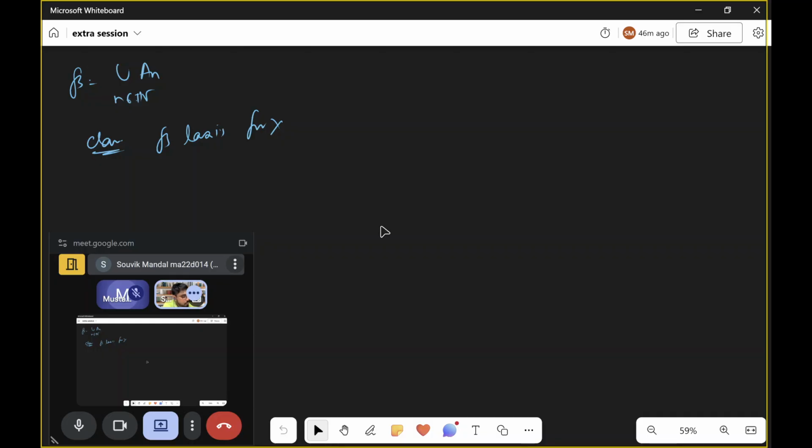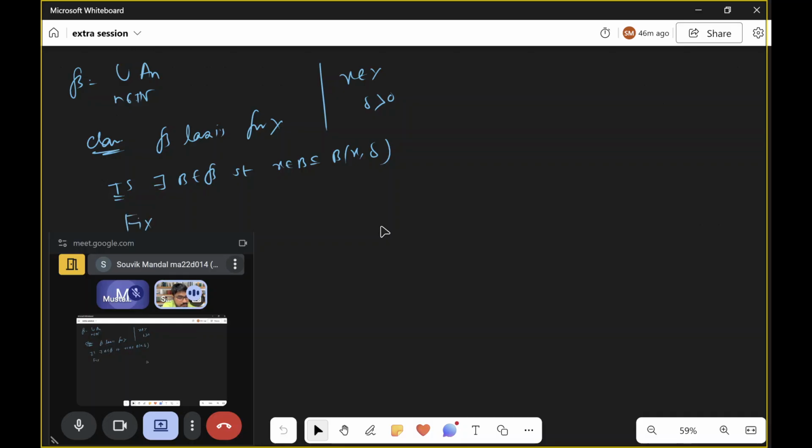For that, we need to choose x belongs to X and delta greater than 0. We wish to show that there exists some B belonging to beta such that x belongs to B, a subset of B(x, delta).